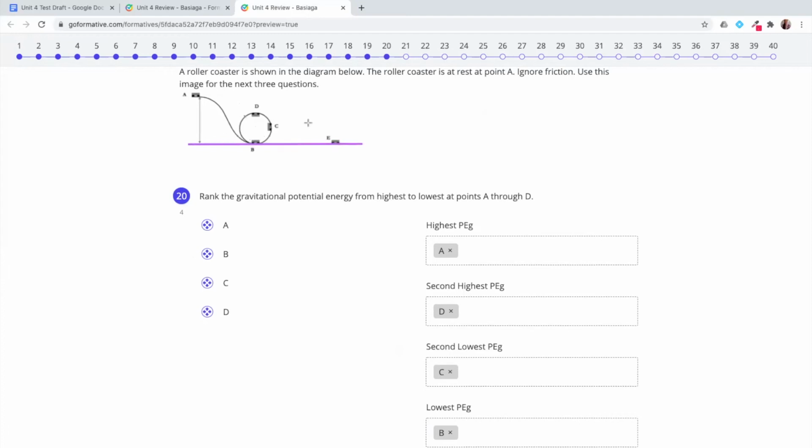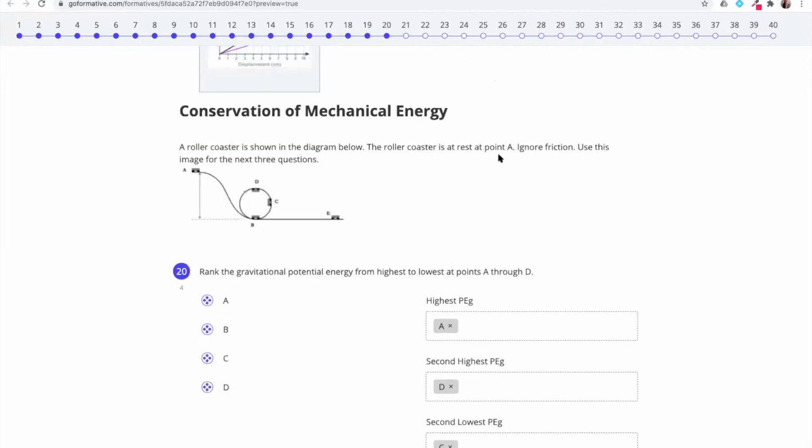So both B and E would have 0 gravitational potential energy, and A would have the highest because it has the largest height above the ground. Since mechanical energy is conserved in the system with no friction, air resistance, any other external forces, mechanical energy is conserved, and that means that the gravitational potential and kinetic energy are inversely related.